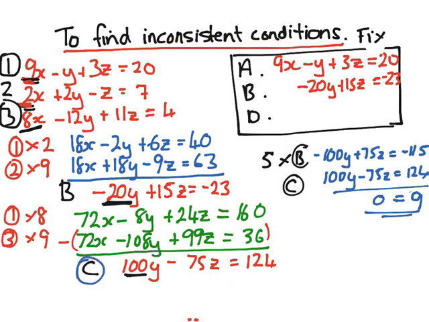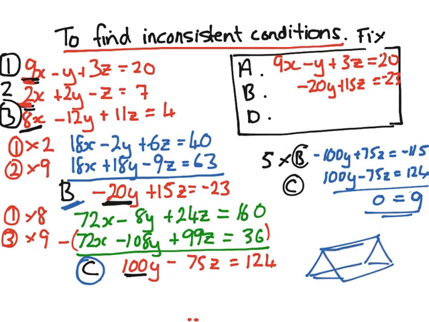C is 5 times bigger than equation B, which means that the three planes meet in a line that is parallel to another one.